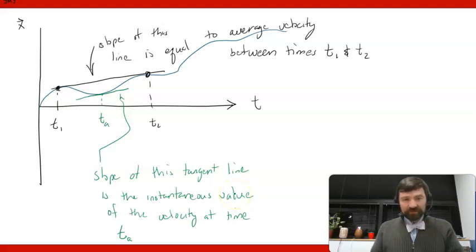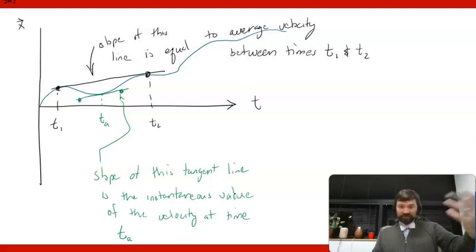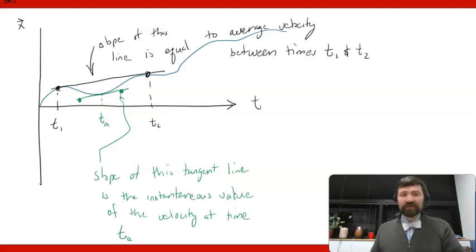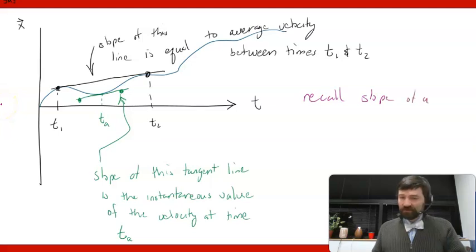I just pick 2 points that are on the line. Notice that those 2 points are not on the curve that I've drawn, but I pick 2 points on the line, and I basically do rise over run. So again, it might be worth recalling that the slope of a line is just rise over run.